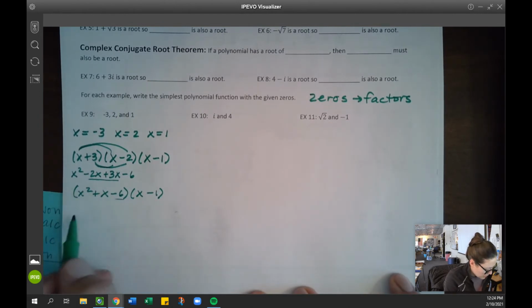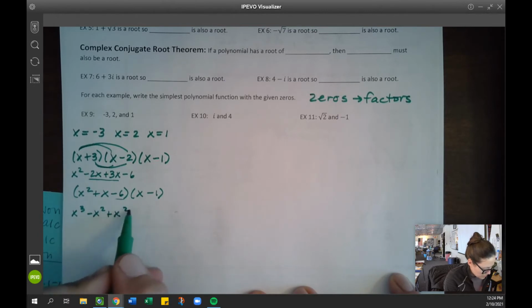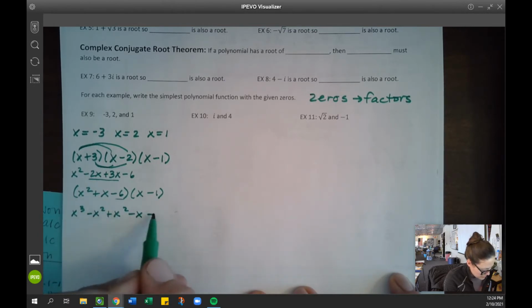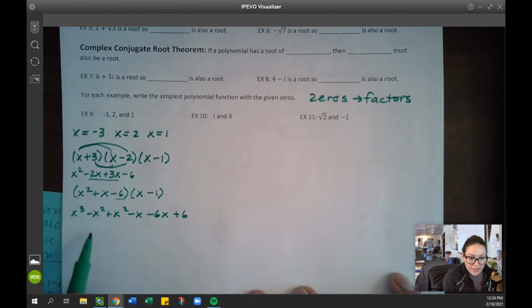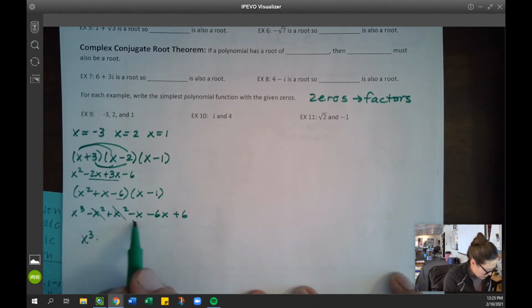Go through and multiply it: x cubed minus x squared plus x squared minus x minus 6x plus 6. Then I'm going to simplify. My x squared terms cancel out. I get x cubed, those go together, minus 7x plus 6.